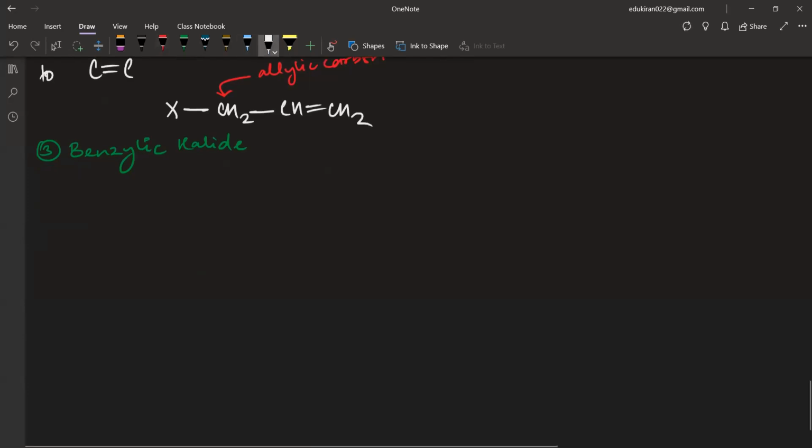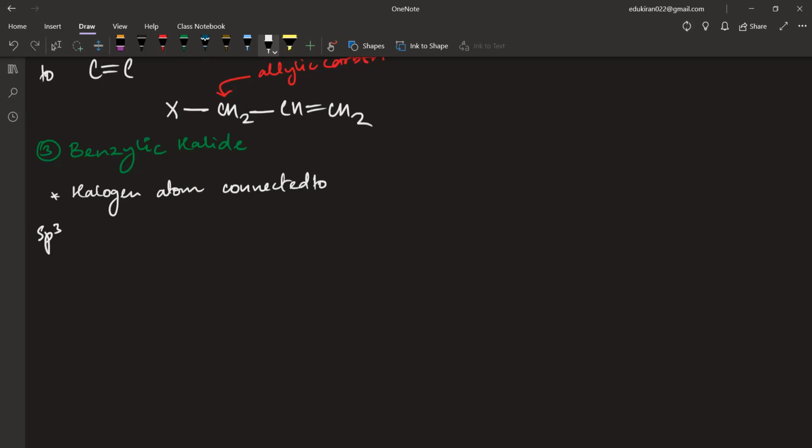Write about benzylic halide. The halogen atom is connected to sp3, because all of these are cases of what? sp3 CX bond, right?